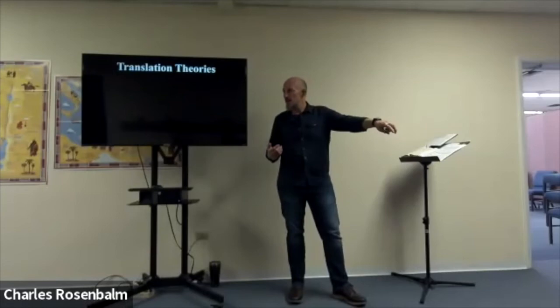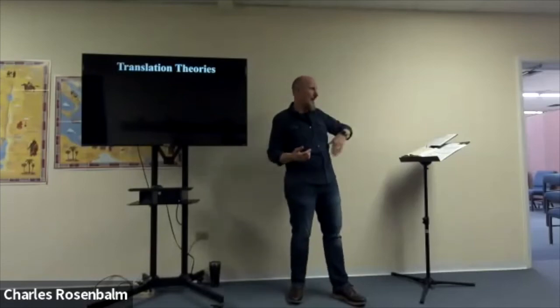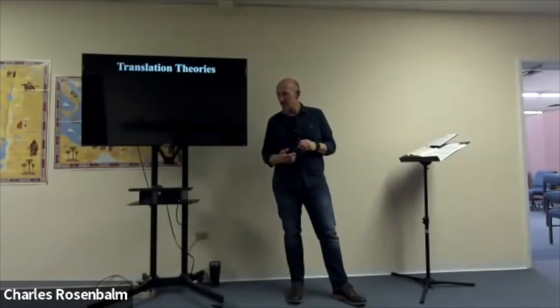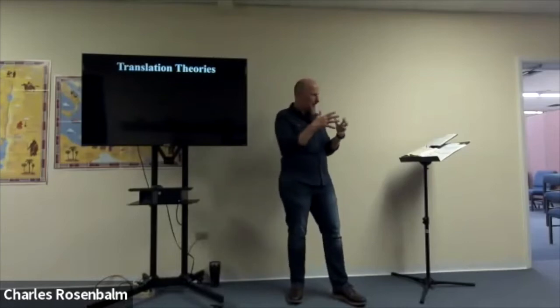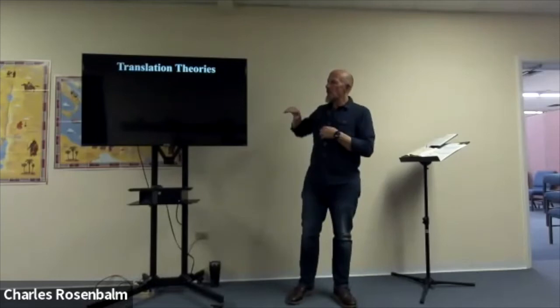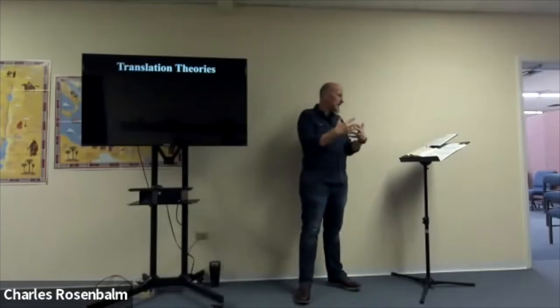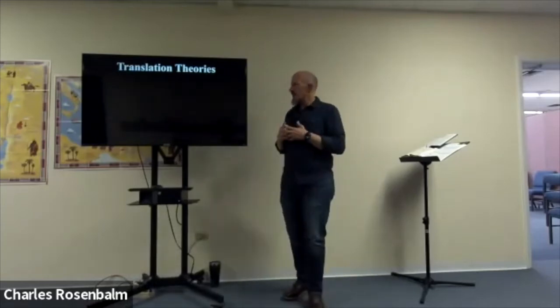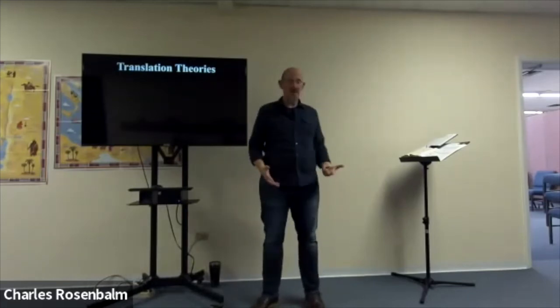And one word in Greek, if you look at a lexicon, could have a page worth of shades of meaning. And so to translate a document involves interpretation. So we have all of these different versions of the Bible. And the reason is there are different ways of approaching translation.